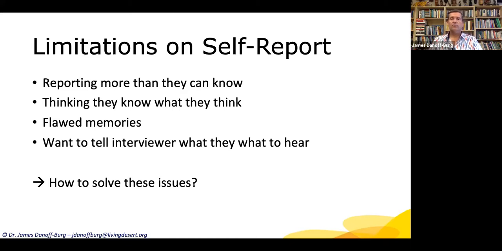So ideally, when we're interviewing people with these surveys, we are asking them for their truth, for the information, for the feelings, for the thoughts, for the knowledge that they really have. And so we'd like to be able to avoid these 4 limitations on self-reporting.